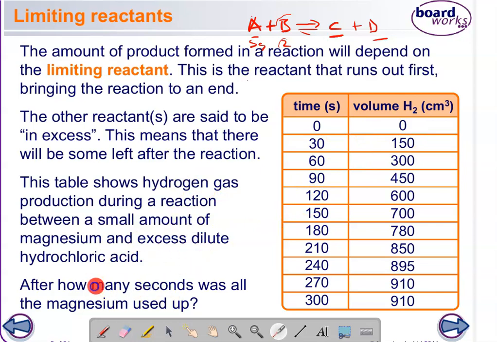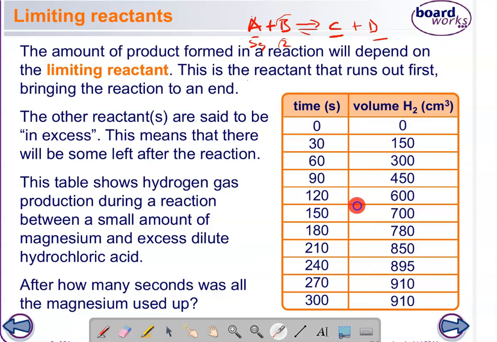After how many seconds was all the magnesium used up? In this particular reaction, magnesium was the limiting reactant. What it means is that it got finished at some point. Now we want to use this table to identify the time at which all the magnesium was finished.